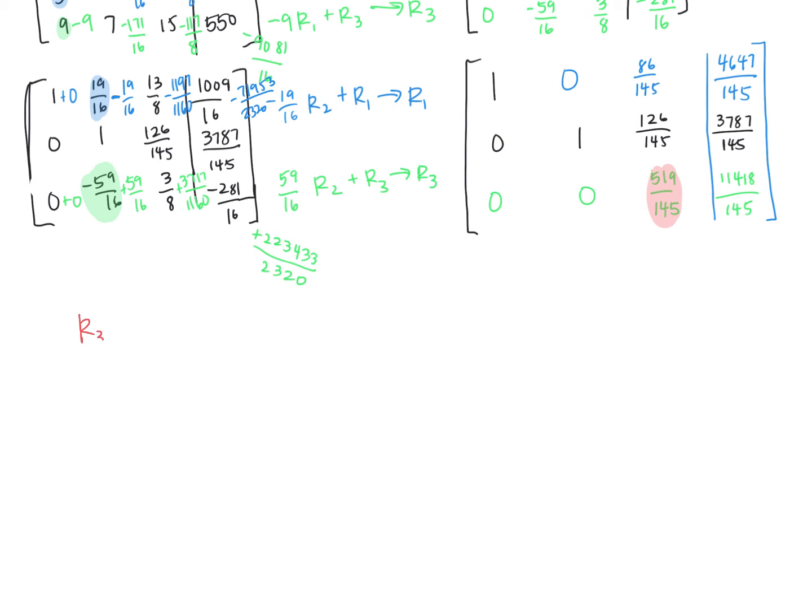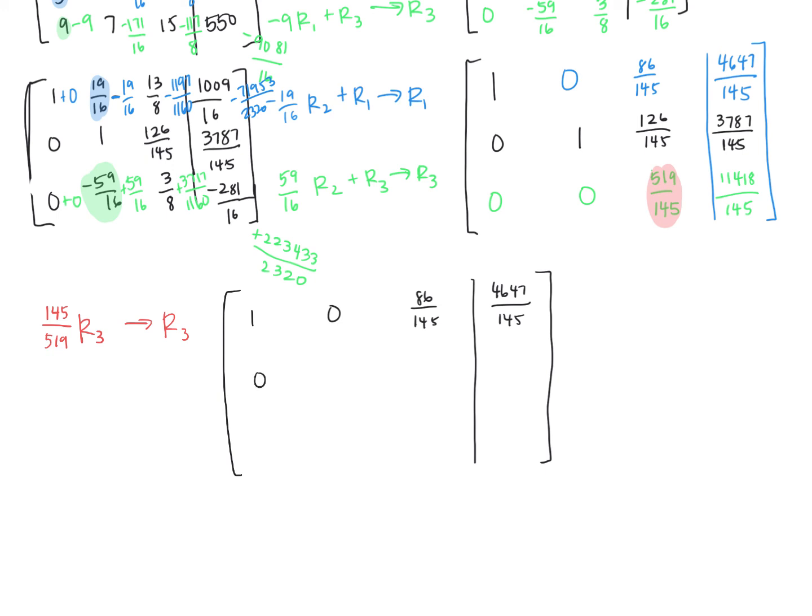So row 3 is getting multiplied by 145 over 519. And we're going to replace row 3 with what we find there. And so the first two rows do not change. So 1086 over 145 and 4647 over 145. Second row doesn't change.